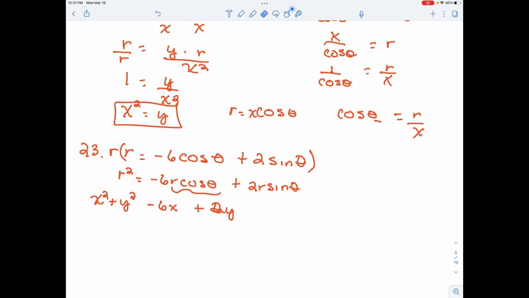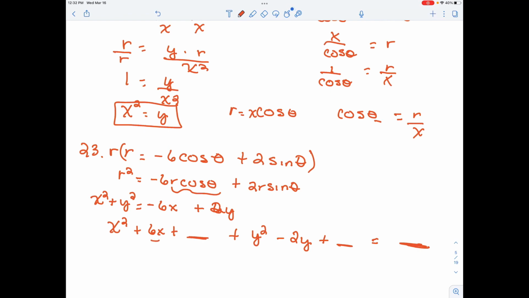Now, in your answer, it completes the square for it. So what it did was it said x squared plus 6x plus some number plus y squared minus 2y plus some number is equal to some number.